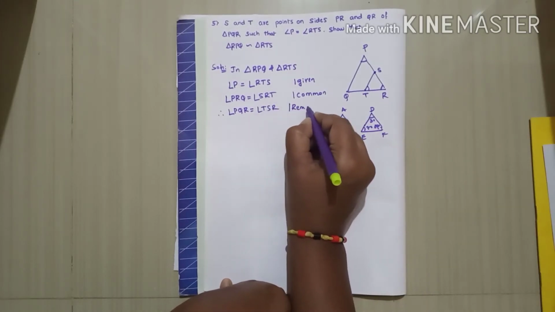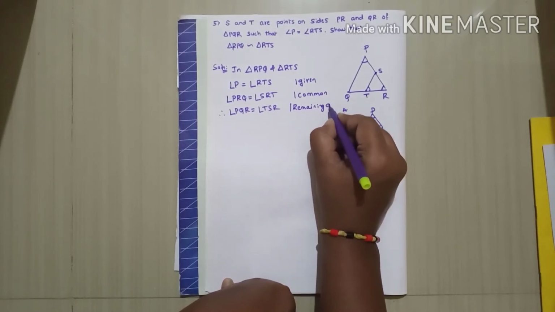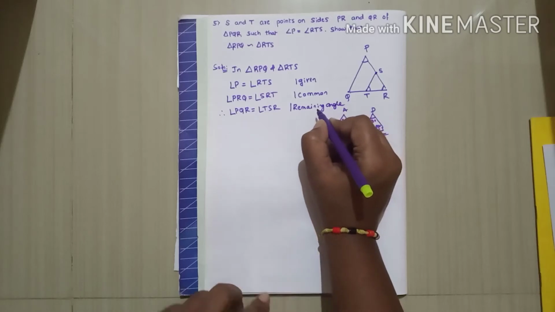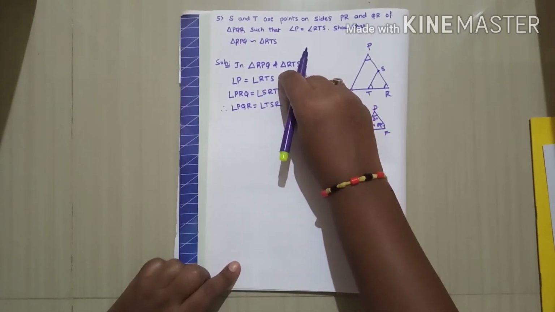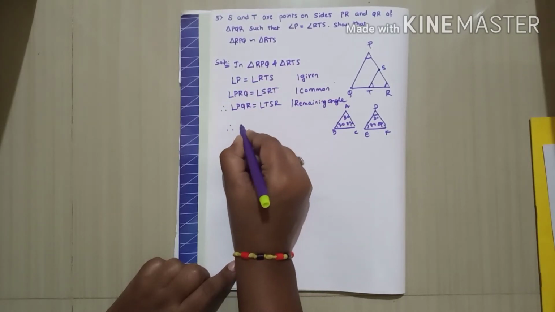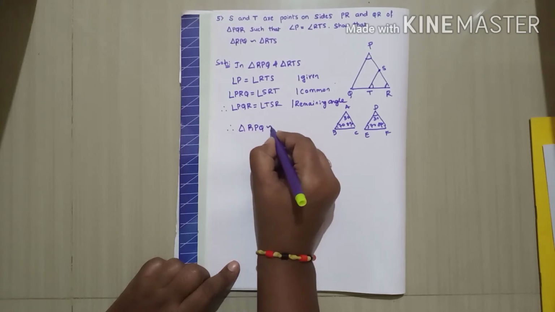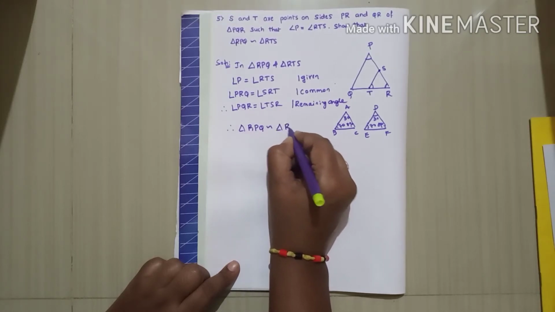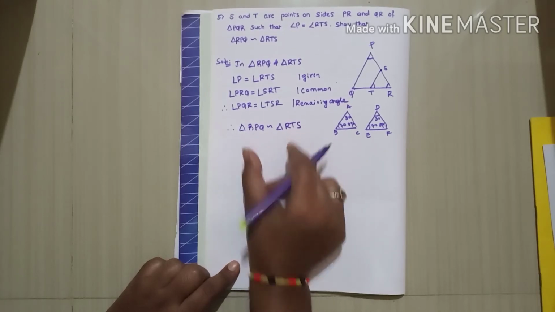Remaining angle also will be equal. Therefore by AA criteria we can say, by writing two angles, these two triangles are similar. Therefore triangle RPQ is similar to triangle RTS. This is a result we got.